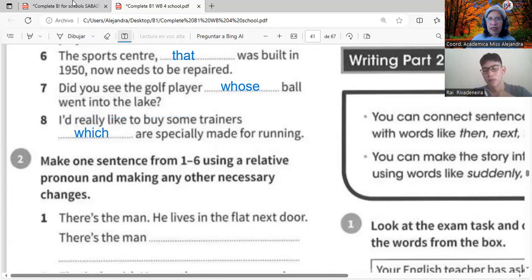Okay, nice. Let's get some other exercises, just for you to put the words in, and then we practice how to combine sentences using the adjective clauses. Give me a second. Let me open this.